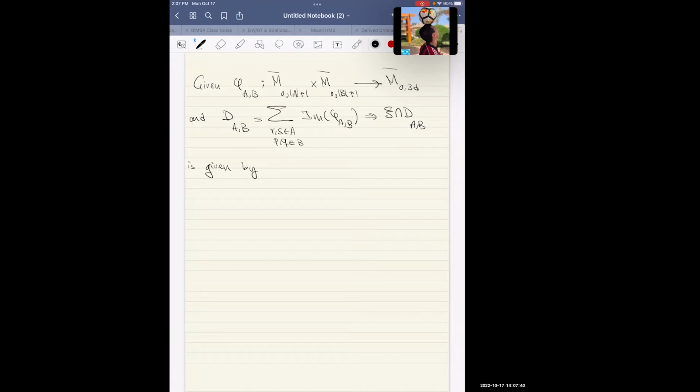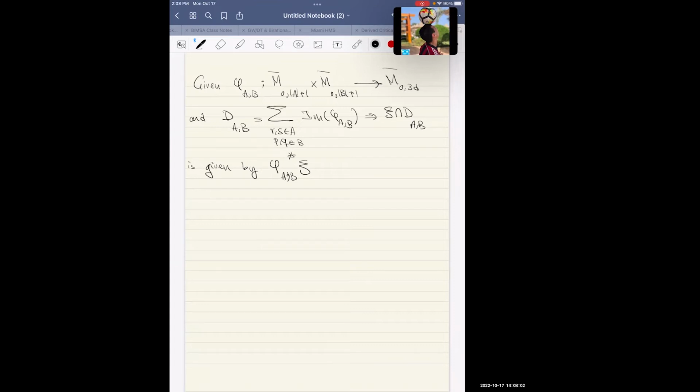See how beautiful everything that we learned about Gromov-Witten axioms is going to help us in here. You see, this intersection now is going to be given by phi AB upper star of C, right?